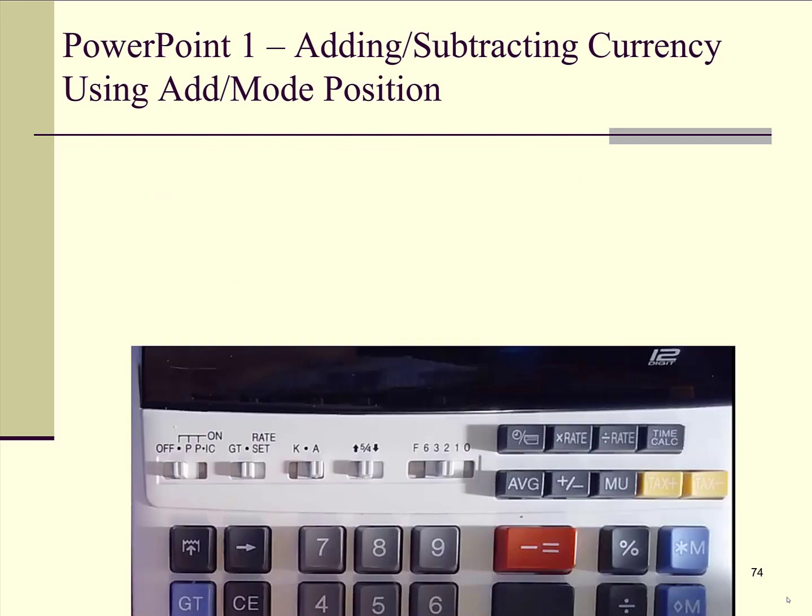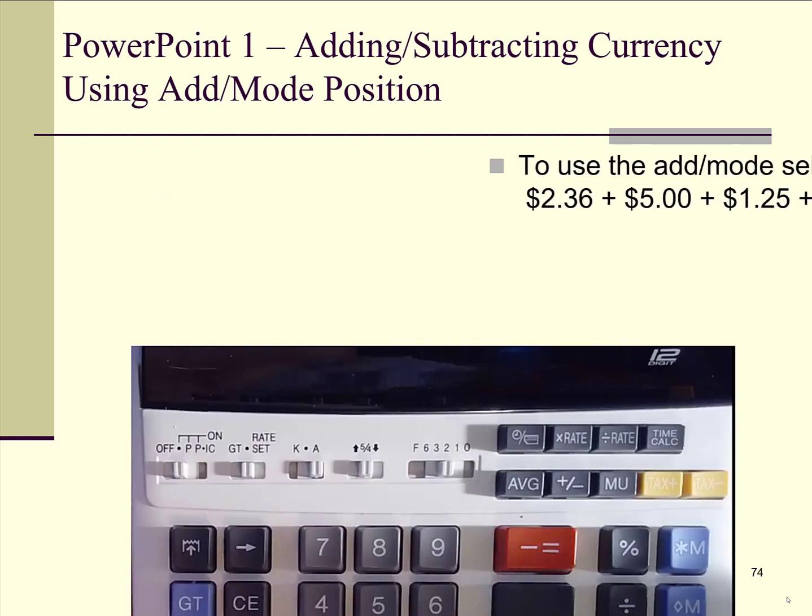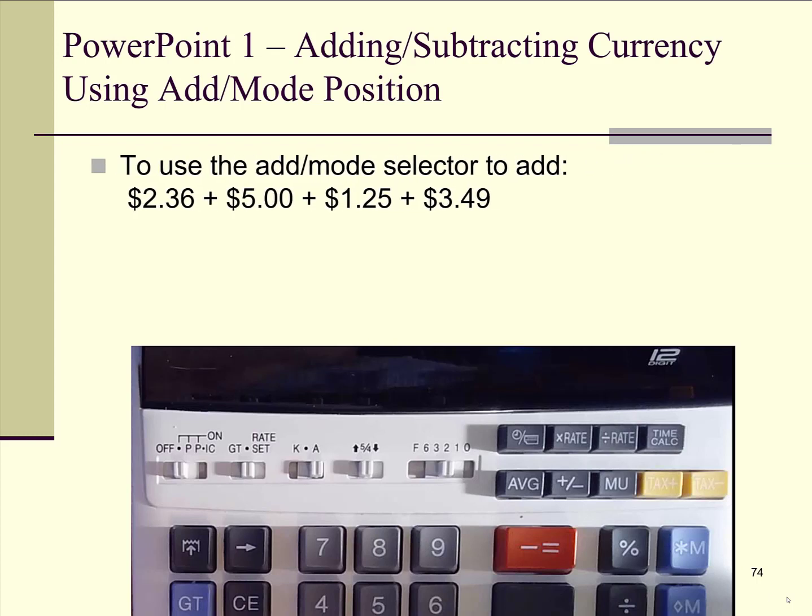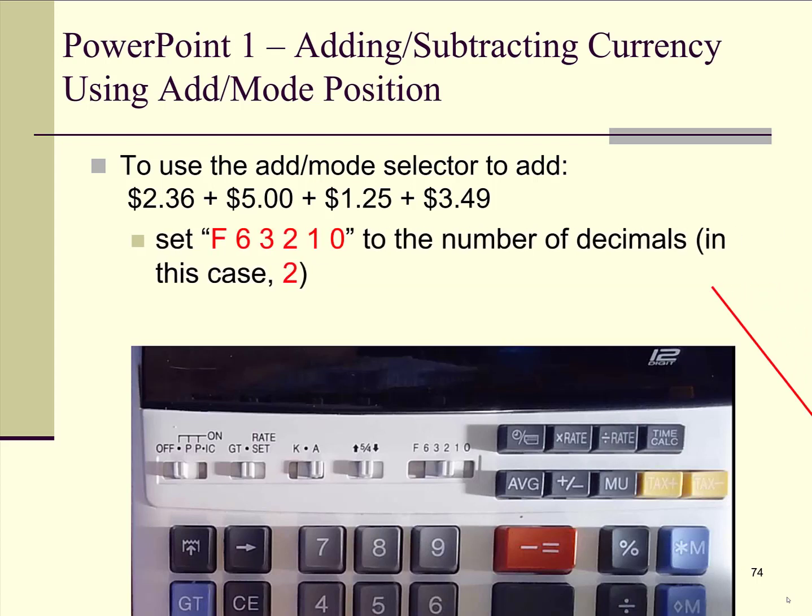So let's experiment with using the add mode. We're going to add up these numbers, same as before, but to use it with the add mode, you have to tell the calculator how many decimals are in each number. You do that by setting your decimal selector to 2.